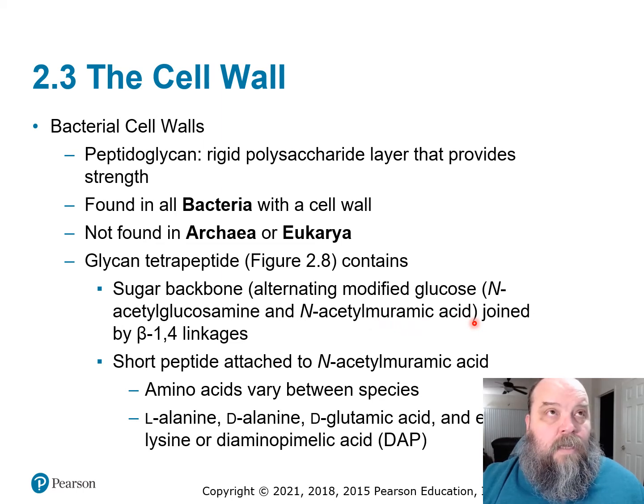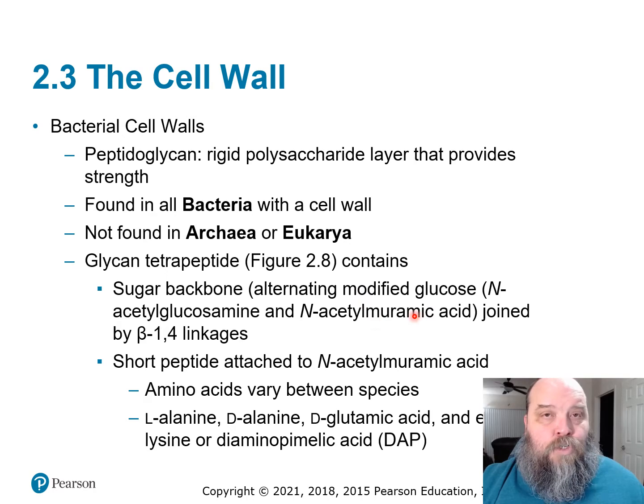You'll see the acronym for N-acetylglucosamine and N-acetylmuramic acid used in many textbooks, many papers, primary literature. The acronym for these is NAG, N-A-G, and NAM, N-A-M.